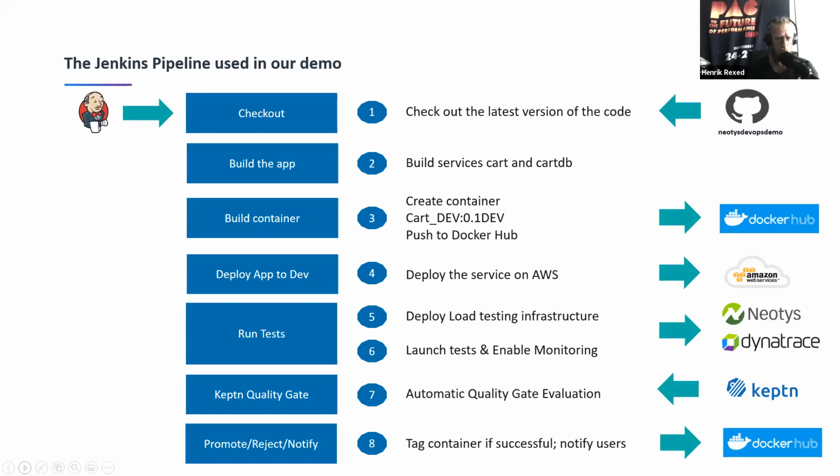And once it's been pushed, we can deploy the service with the help of, in our example, Docker. And then we start the testing phase where we deploy NeoLoad and the NeoLoad load infrastructure. We are running tests, and the Dynatrace integration is enabled. And once the test has finished, we are utilizing Keptn just for the quality gate.